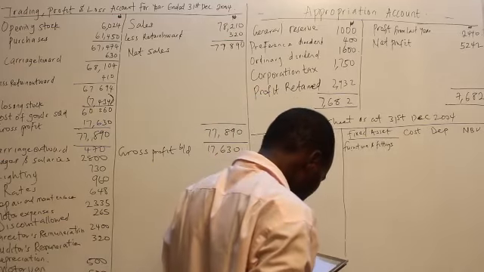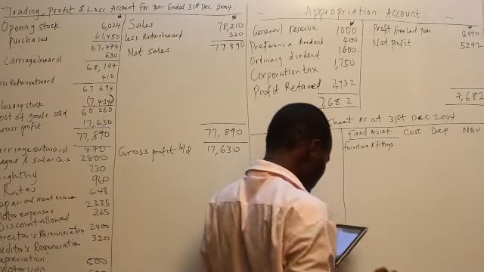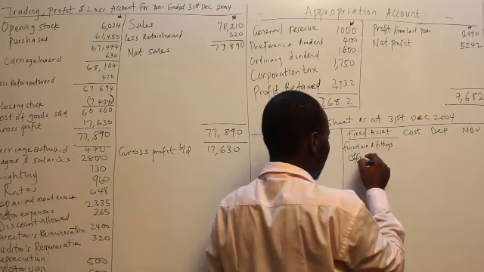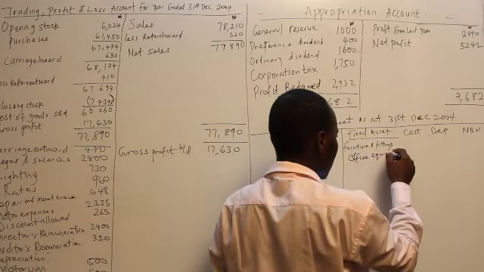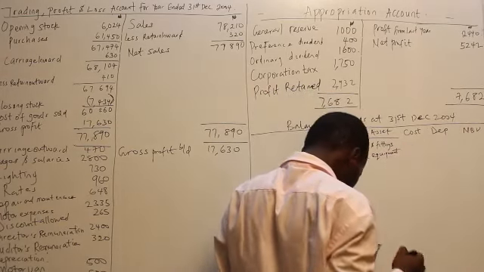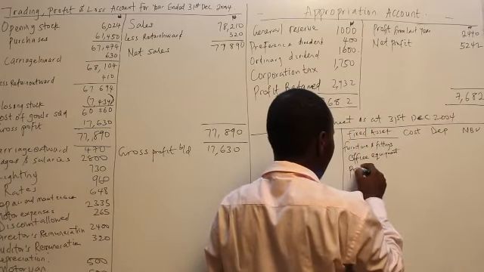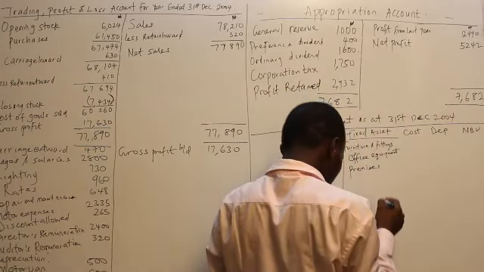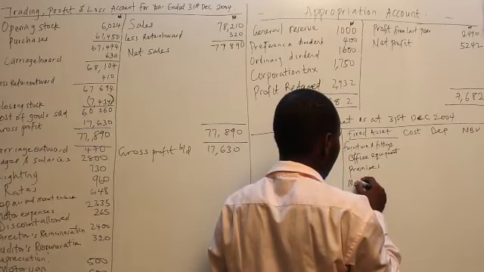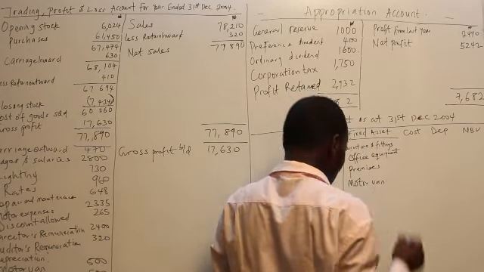So list of office assets, we have furniture and fittings, we have office equipment, premises, and motor van.